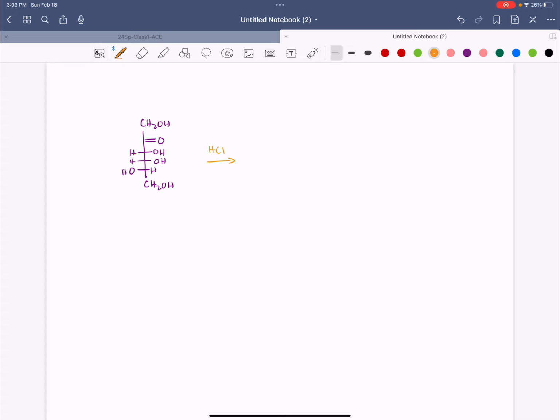So you've done this before. I have to tell you if I want a 5-membered ring or 6-membered ring, because in many cases both are plausible. Let's make a furanose.